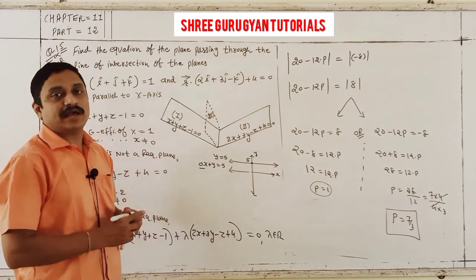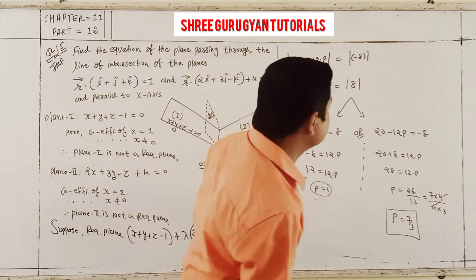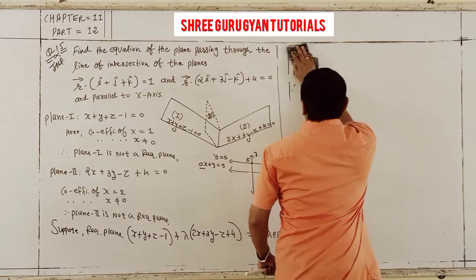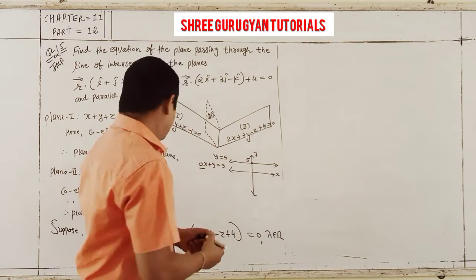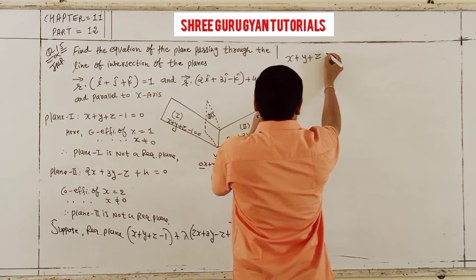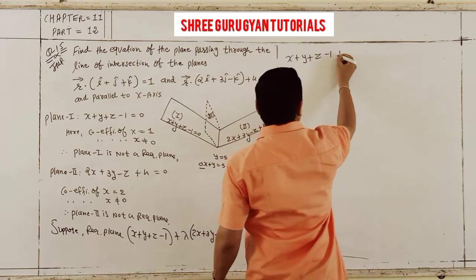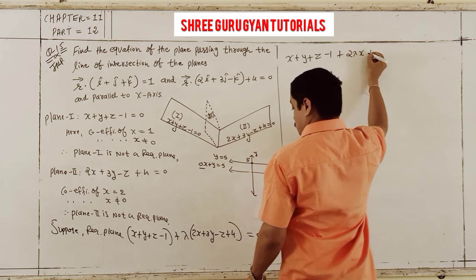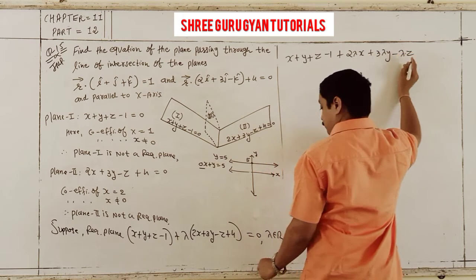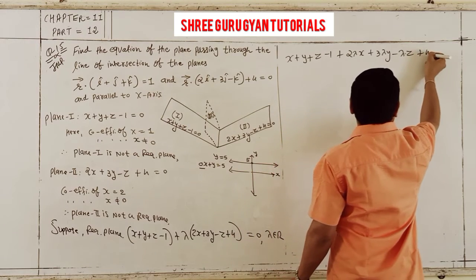And students, here also I will arrange by our Lx, My and Nz in the standard equation of the plane. So just expansion: x plus y plus z minus 1 plus 2 lambda x, 3 lambda y, minus lambda z and plus 4 lambda.